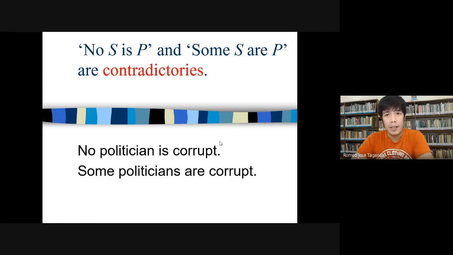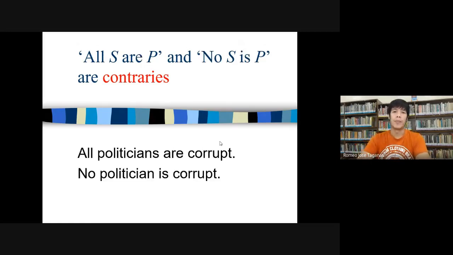Okay, let's go to another example. Ito, all S are P and no S is P. Contrary propositions daw ito. Tignan natin kung bakit. First, all politicians are corrupt. Second, no politician is corrupt. Let's go back to the first example.